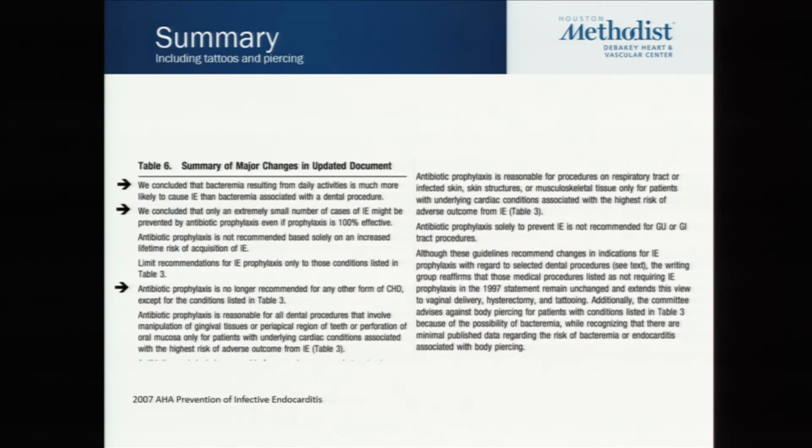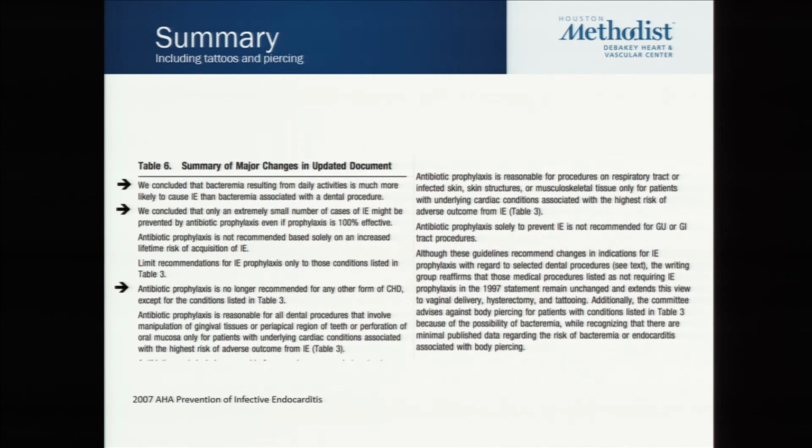So in summary, these are the major changes to the endocarditis guidelines. I just started a couple of them to emphasize that you're more likely to get bacteremia in your bloodstream from your normal daily things like brushing your teeth than you are during a dental procedure. Antibiotic prophylaxis may prevent a very, very small number of these cases.